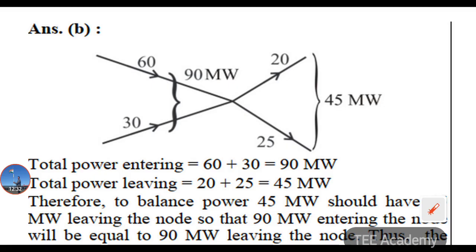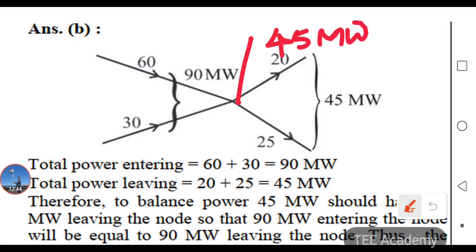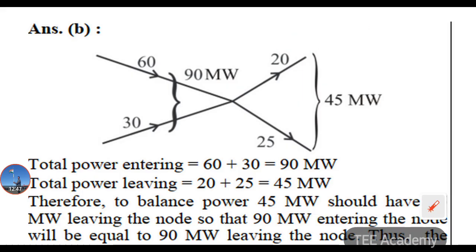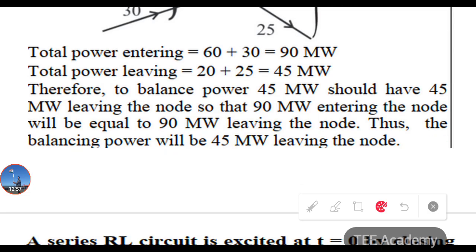So 90 is coming in, 45 is there. So there should be another node which will have 45 megawatts. So the answer is: the balancing power will be 45 megawatts leaving the node here.